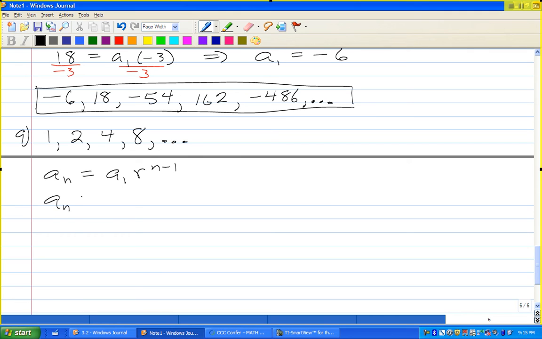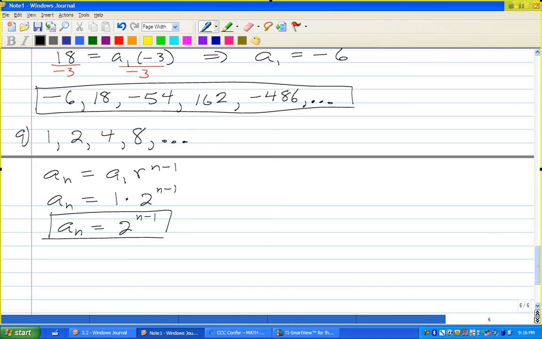So a sub n is equal to a sub 1, well, the first term is 1, times r. R in this case is 2 because you multiply each term by 2 to get the next term. 1 times 2, 2 times 2, 4 times 2, 8. And so a sub n is just equal to 2 to the n minus 1.